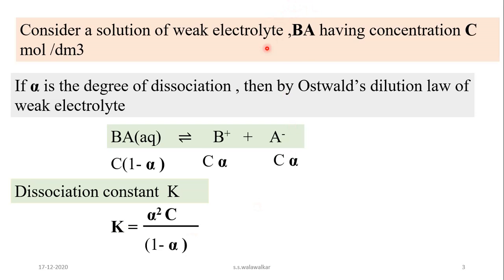And if this weak electrolyte is a weak base, then dissociation constant is represented by Kb. So in general it is represented as a capital K. K is equal to square of degree of dissociation into concentration in moles per decimeter cube divided by 1 minus degree of dissociation.